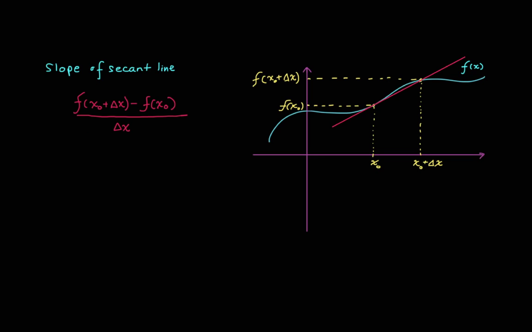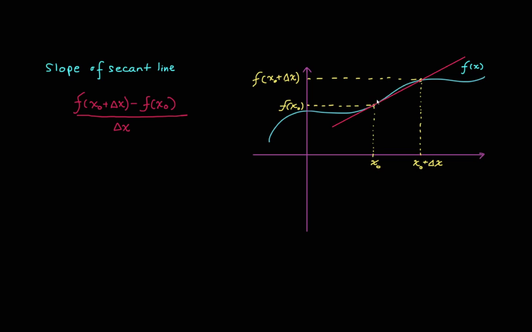But what we're actually interested in calculus is finding the slope of what's called the tangent line. A tangent line is a line that passes through a single point. A secant line passes through 2 points, but we want a tangent line which will pass through just one point.